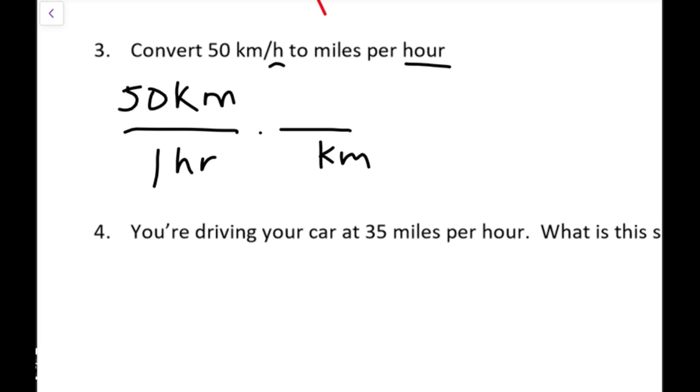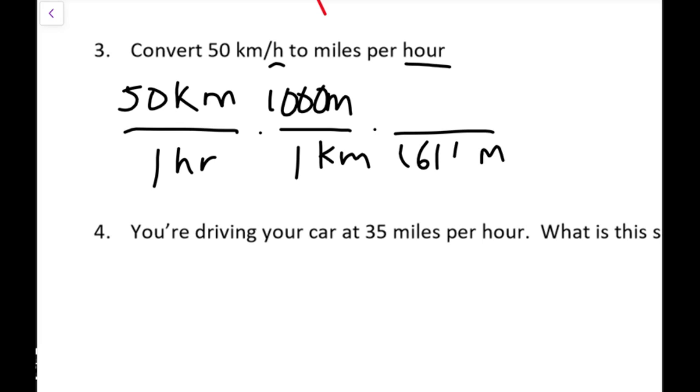We do have how many meters are in a mile, given at the top, it says 1610 meters in a mile. And so we need to go to meters first. And there are 1,000 meters in a kilometer. And now there are 1,610 meters in 1 mile.